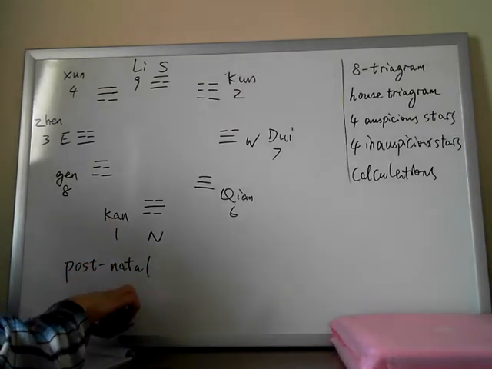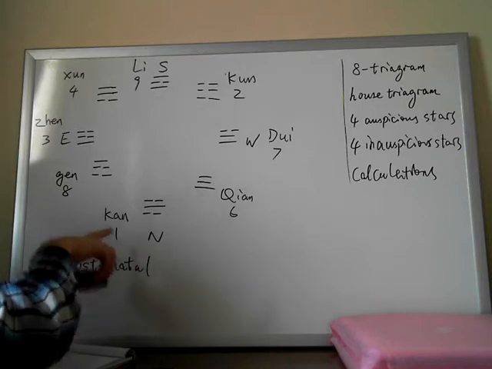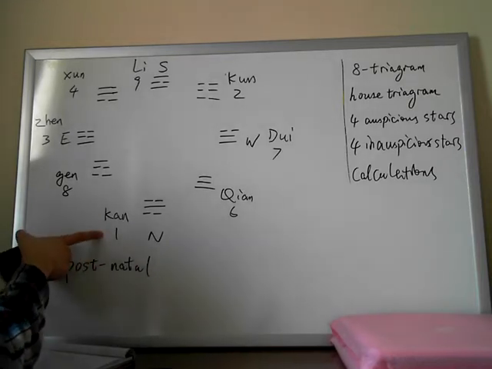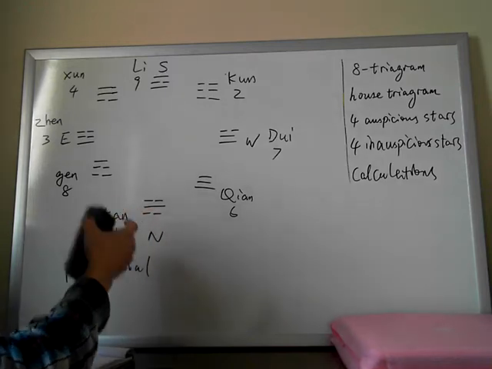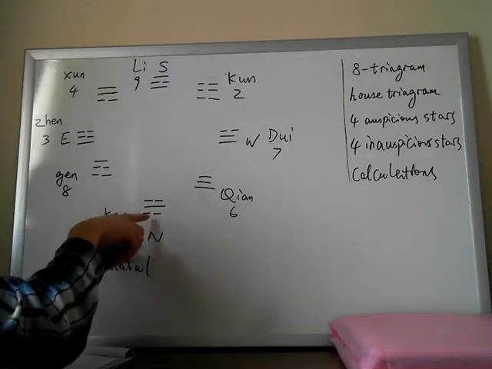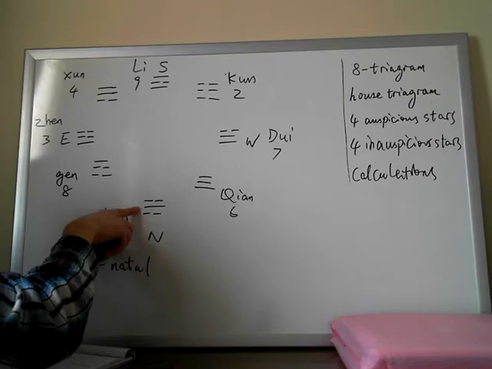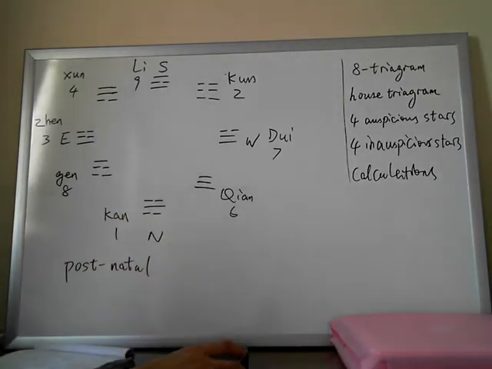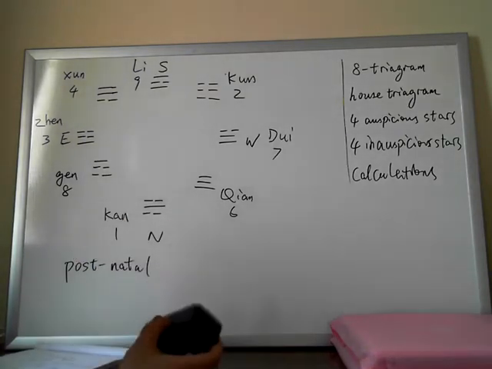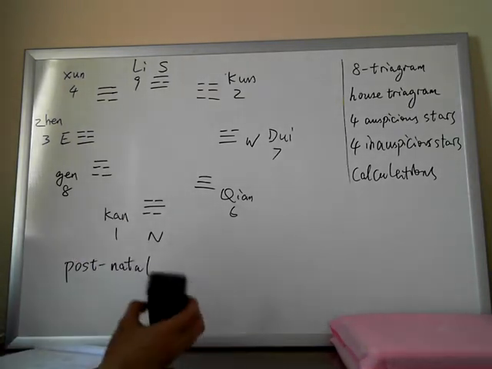You only need to remember the name, the number, and the direction of a trigram. Also, what the trigram looks like, for Kan, divided line, single line, divided line. Okay, that's what you need to remember. You can write that down in your note.